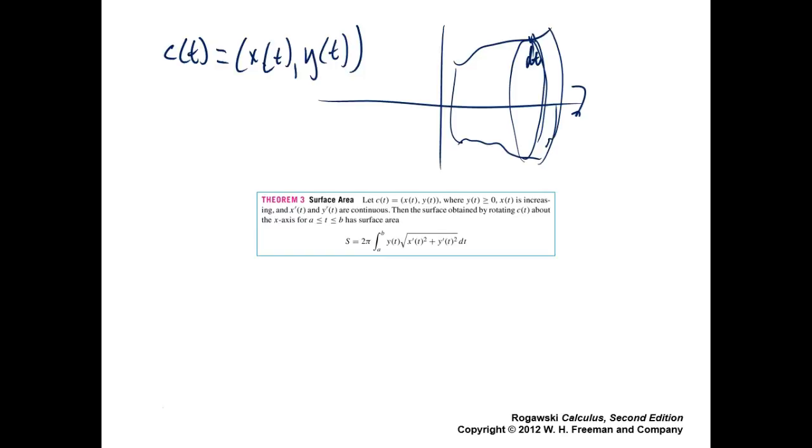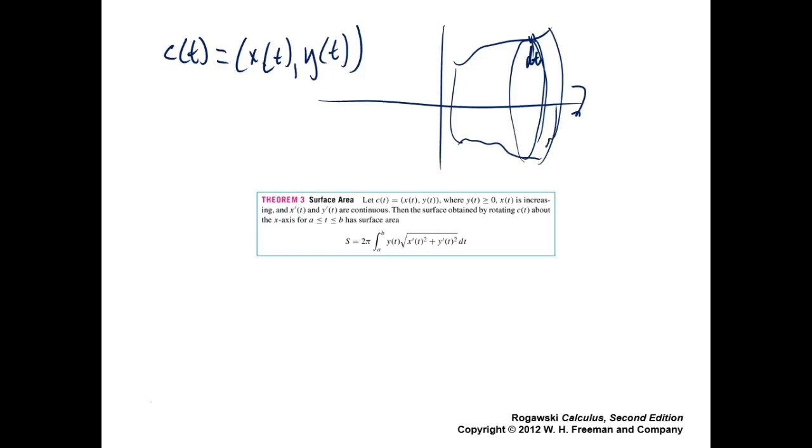Well, the area of that little strip is going to be 2 pi times the radius. Well, what is the radius? The radius is the y value, right? This is x, that's y. That's the y value around the x-axis. The radius is y of t. So 2 pi r, 2 pi y, that's going to be the length that goes around there. Well, what's the thickness of that?